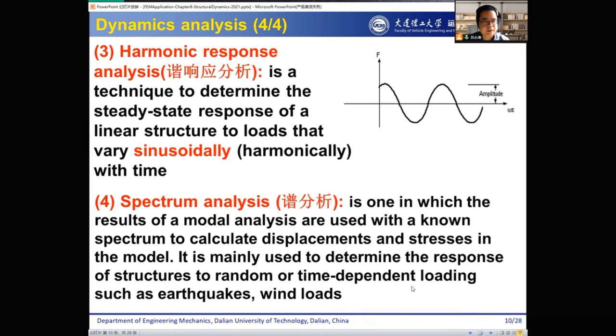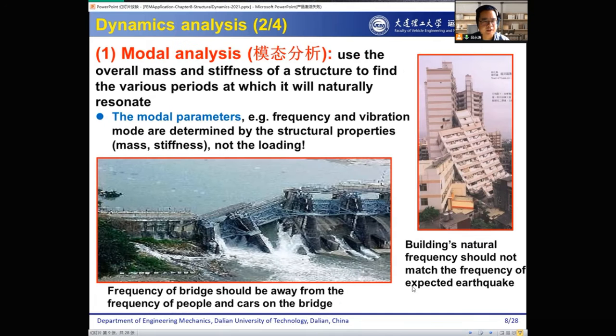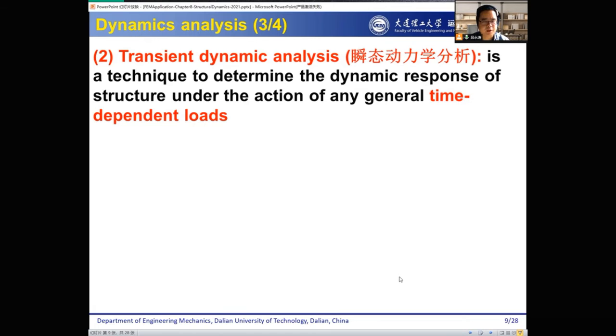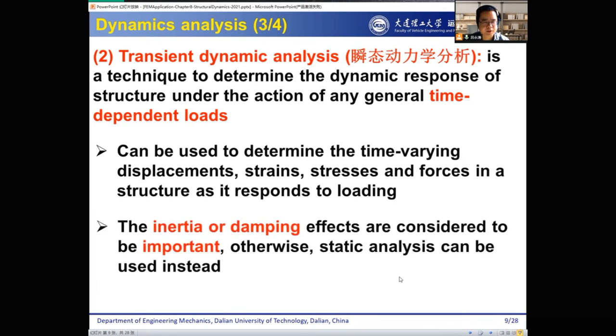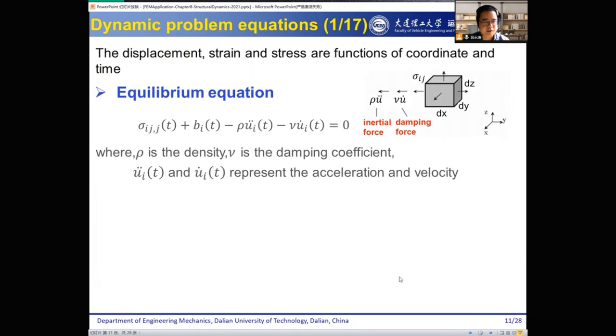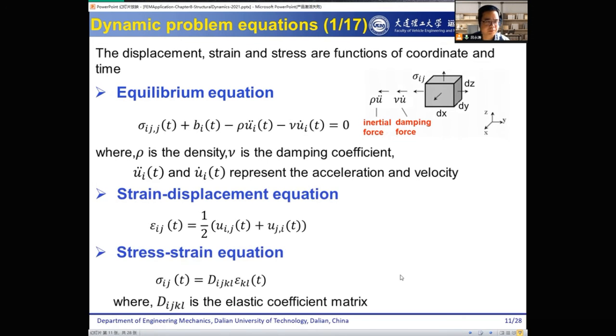Among the four analyses, I think the first analysis is very important, very useful and very common. With modal analysis, you need to work out the frequency and the vibration mode of the structure when you design the structure, when you design bridges and buildings, etc. Now some mathematics, only for you to understand, only for you to know.